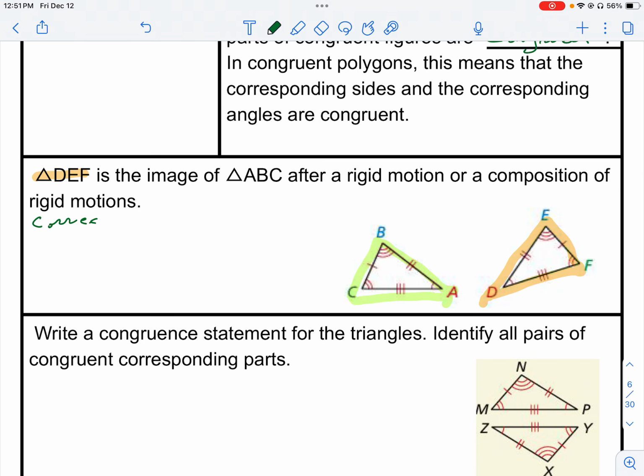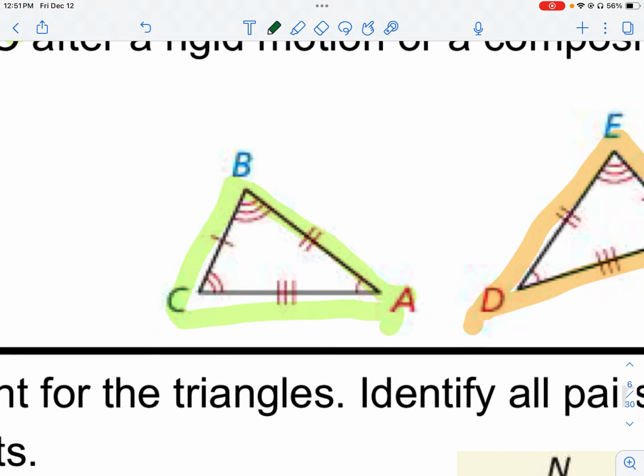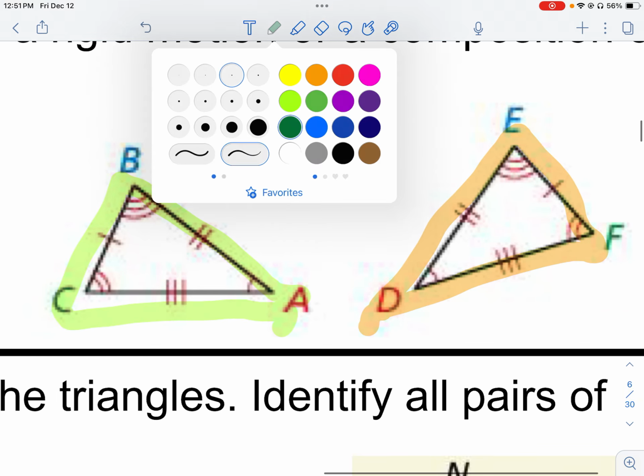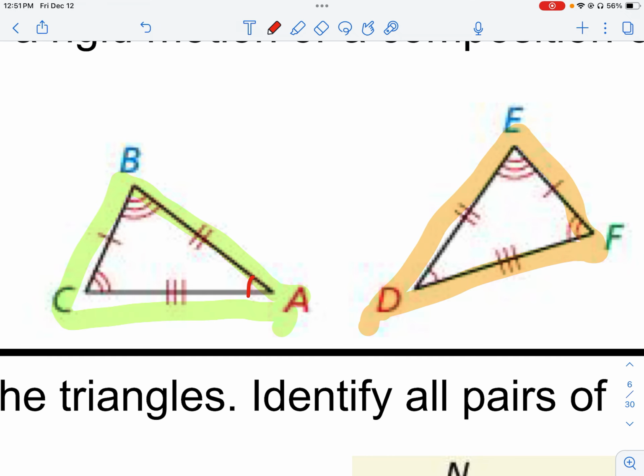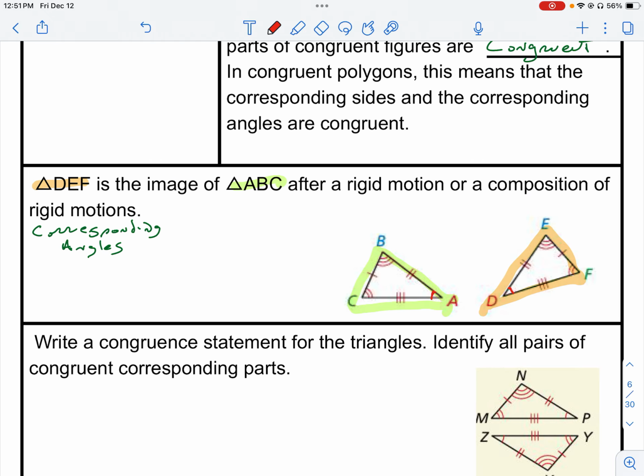Let's start with the corresponding angles. So here we can see that angle A is congruent to angle D. So they are corresponding. They are the same measure.